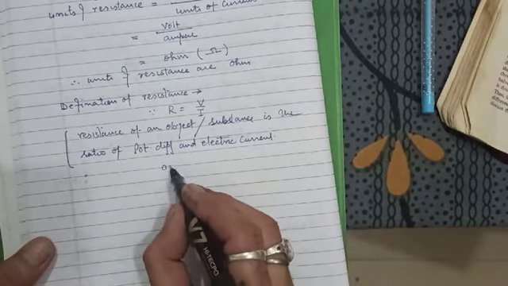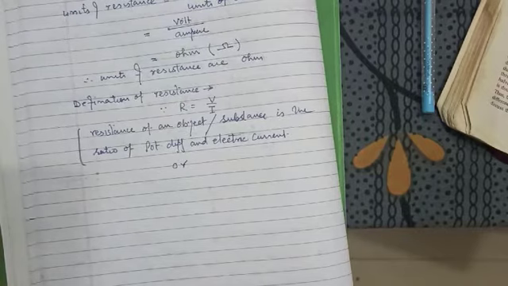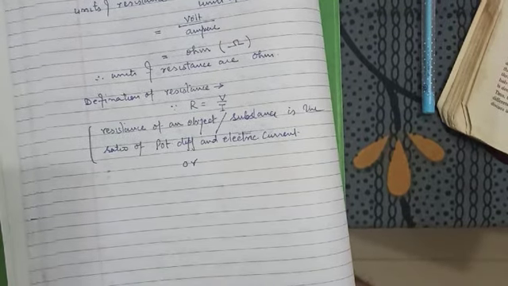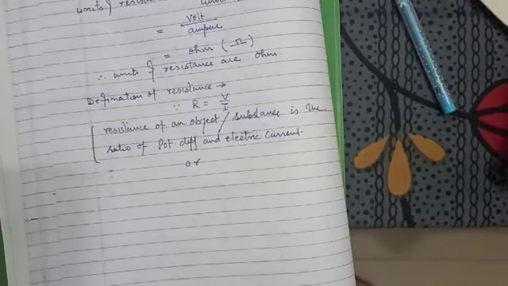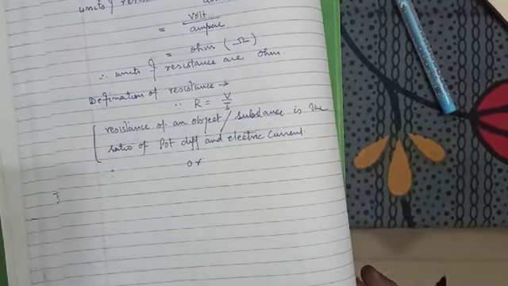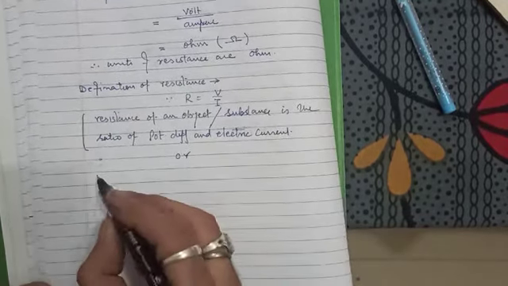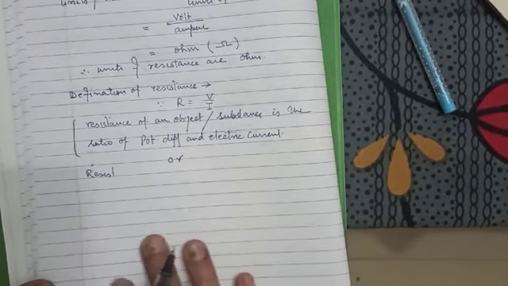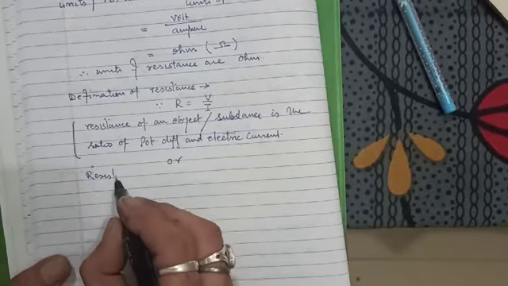हम रेजिस्टेंस को एक और डेफिनेशन से भी डिफाइन कर सकते हैं, और वो क्या है? रेजिस्टेंस इज द प्रॉपर्टी, जैसे मैंने कल भी बताया था कि ये करंट के फ्लो को रोकती है.